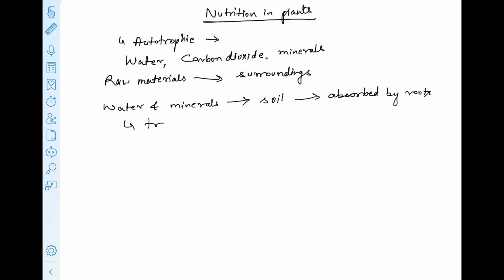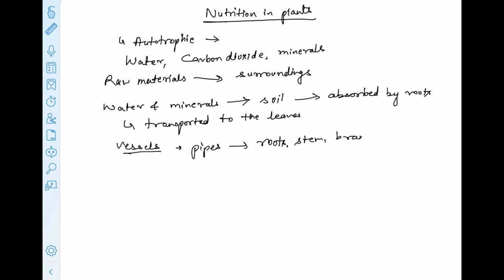And then they are further transported to the leaves. And how do leaves get water and minerals? Plants have vessels that run like pipes and transport water and minerals to all the roots, stem, branches and leaves. Plants get carbon dioxide from tiny pores.